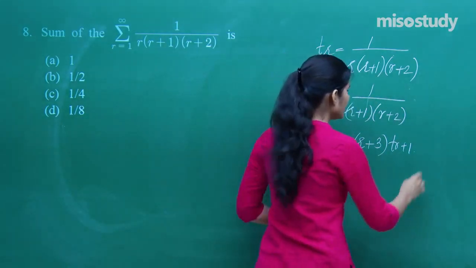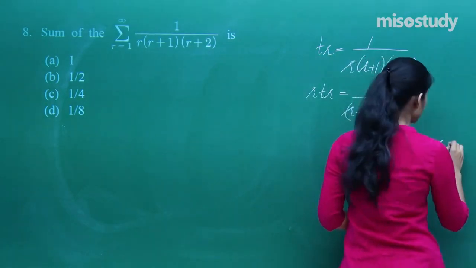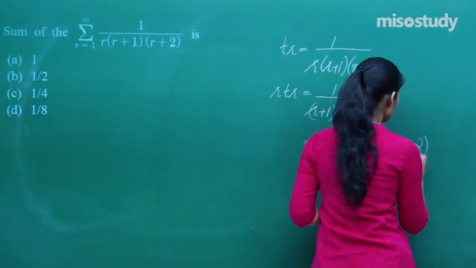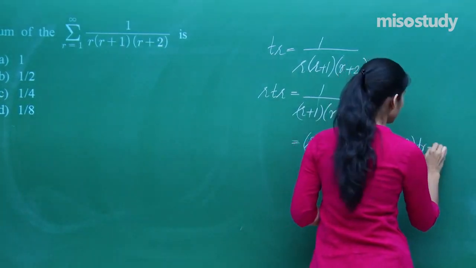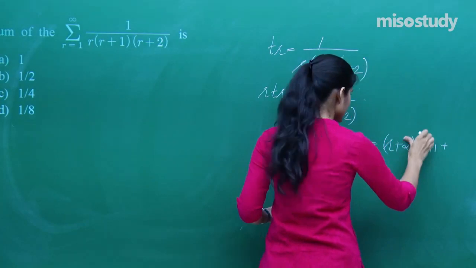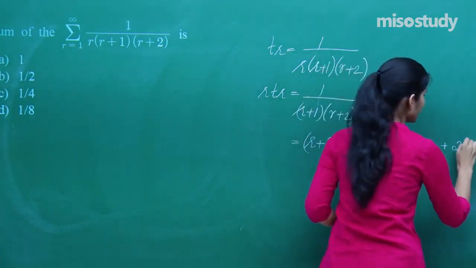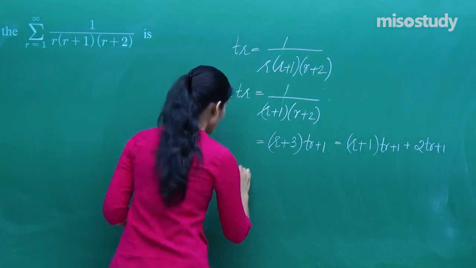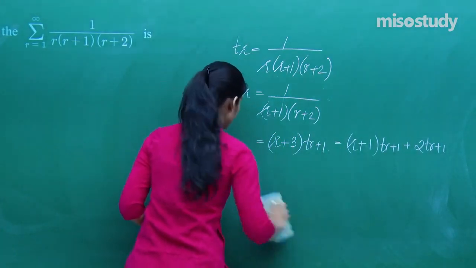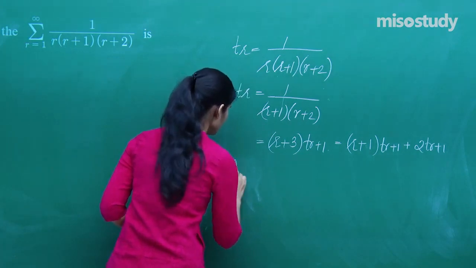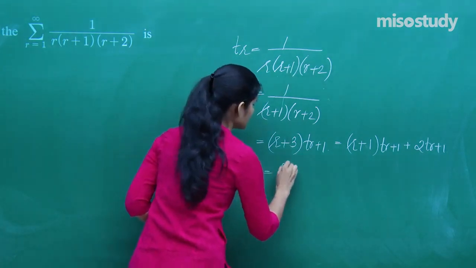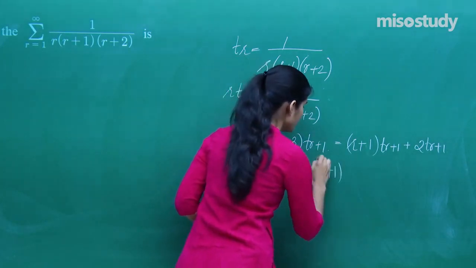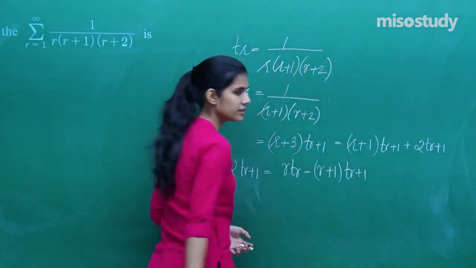So you have this, which you can write as (r+2) plus 1. So that is (r+2) times T(r+1) or (r+1) times T(r+1) plus twice of T(r+1). So this gives you, let me write it as 2 times T(r+1) equals r T(r) minus (r+1) T(r+1).